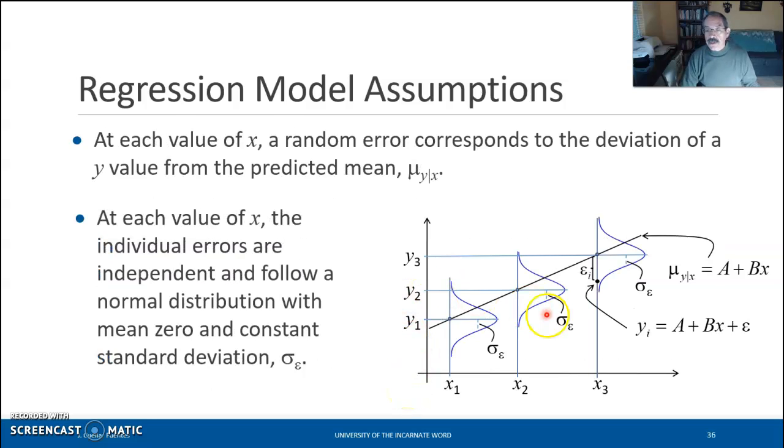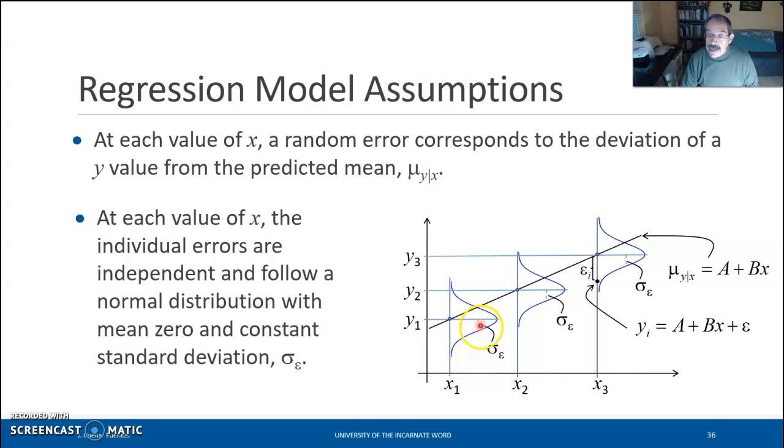These assumptions shown graphically mean that for a particular value of x, the random errors, the deviations of the values from the mean, are going to be independent of each other. The average of those deviations from the mean is going to be 0. And the distribution of those deviations from the mean, in other words, the random errors, is going to be normal.